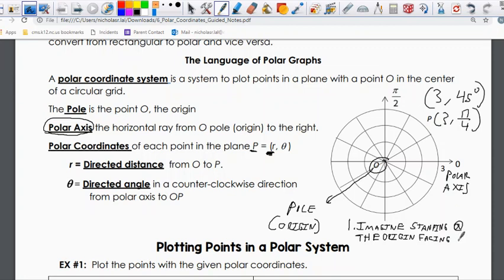So facing right. When you're facing right, that's going to be 0 degrees. Step two, rotate in the direction of theta, rotate by your angle. And step three, walk r units.